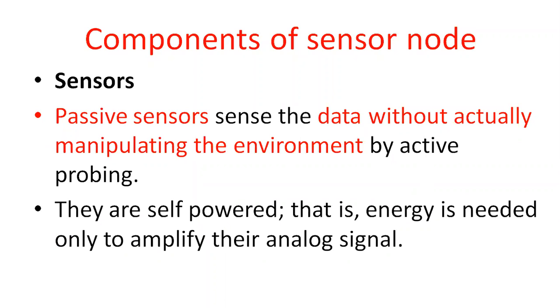A passive sensor senses the data without actually manipulating the environment by active probing. They are self-powered. Energy is needed only to amplify their analog signal. Sometimes you require to amplify the analog signal, and you use this type of sensor.